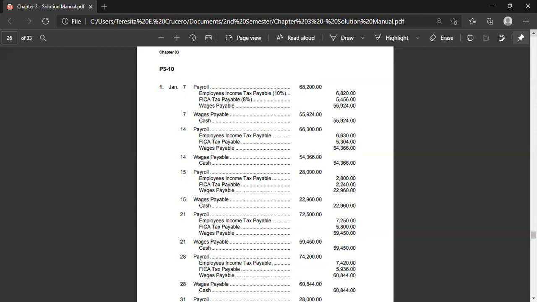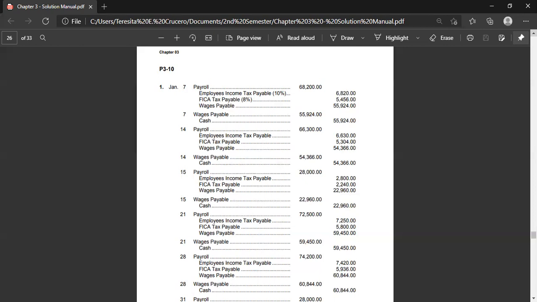So on the 15th, we now again debit to payroll and credit employees income tax payable, credit FICA tax payable, and credit to wages payable. Now for the administrative salaries and for the sales salaries. And finally, the payment on the 15th for wages payable and credit to cash.